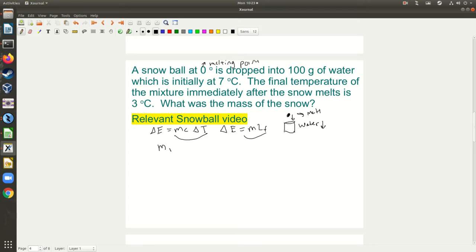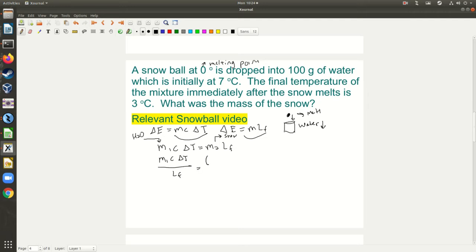So I will say M1C delta T is equal to M2 LF. Why are the two different M's? Because this M right here is for the water, and this M right here is for the snow. We're trying to figure out the mass of the snow, so that means I could say M1C delta T over LF.